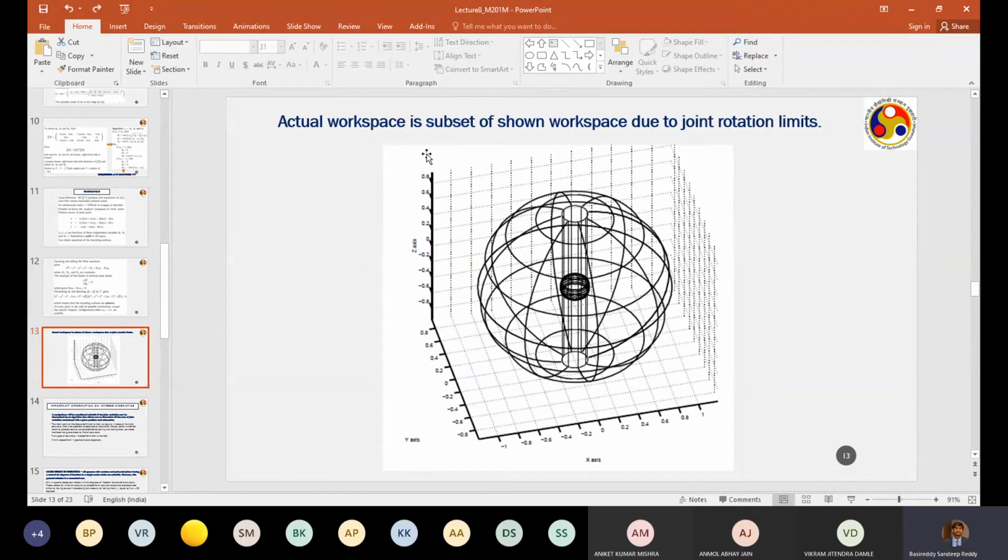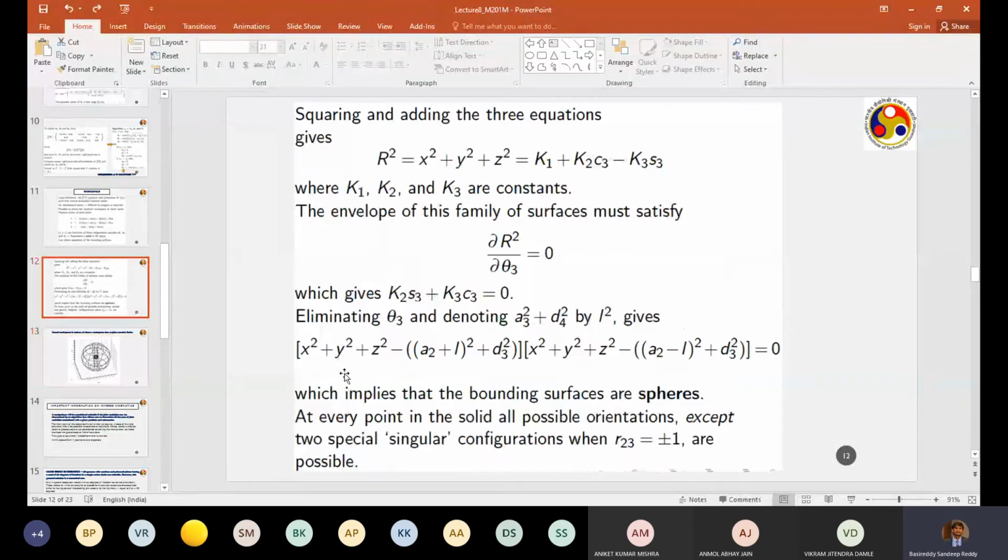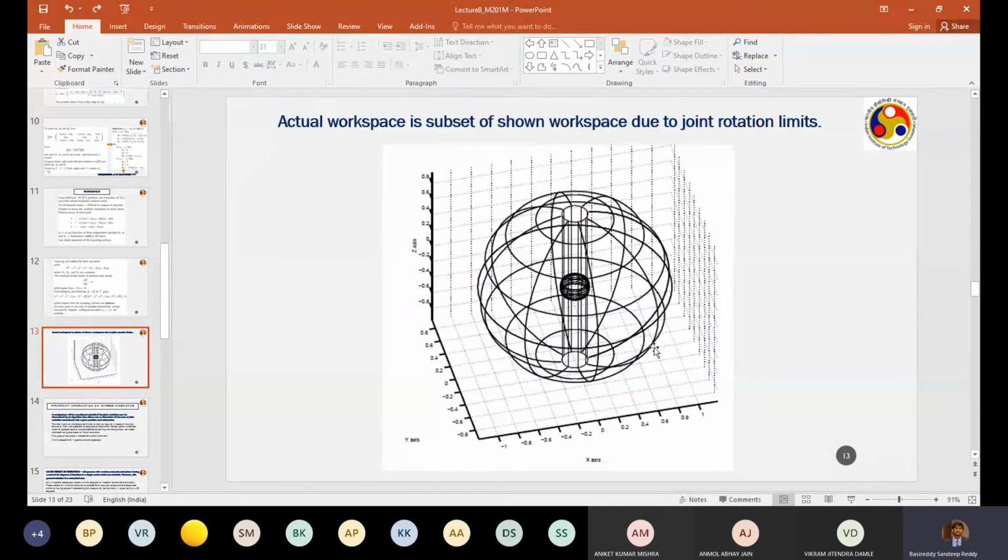So if you actually plot the workspace, if you actually try and define what these bounding surfaces are, if you plot this equation here, it will give something like this. But just to mention, this is only a subset of the shown workspace because of the joint rotation limits.